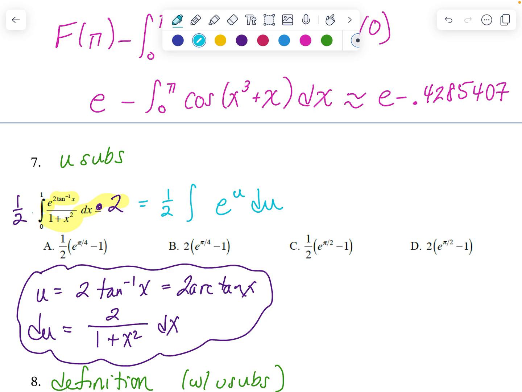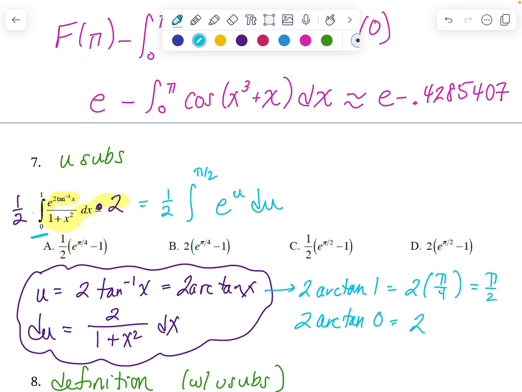And then we have bounds that are x's. So we're going to do a little thinking about our u bounds. Okay? So 2 arctan of 1 for the top bound. The angle whose tangent is 1 is pi over 4. So my top bound is going to be pi over 2. And 2, the angle whose tangent is 0, because 0 was the other bound.